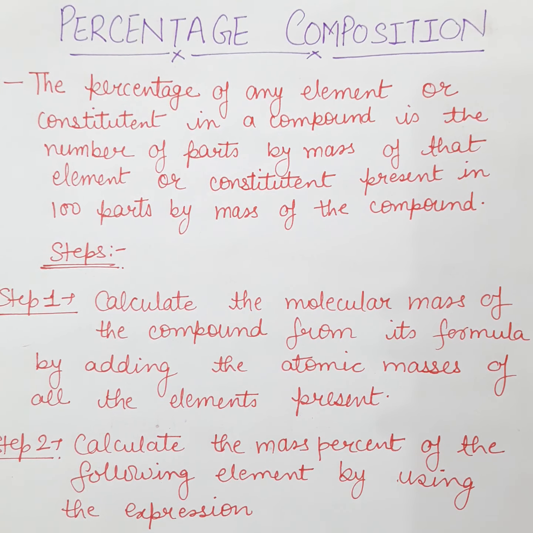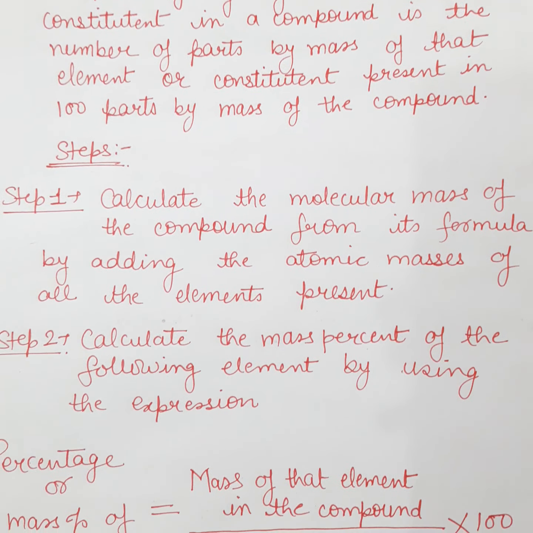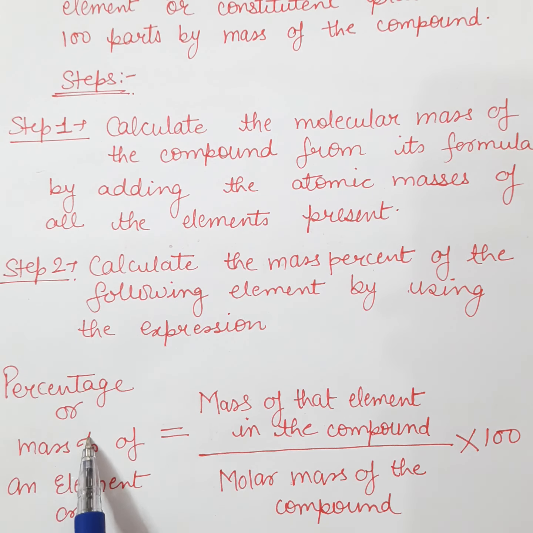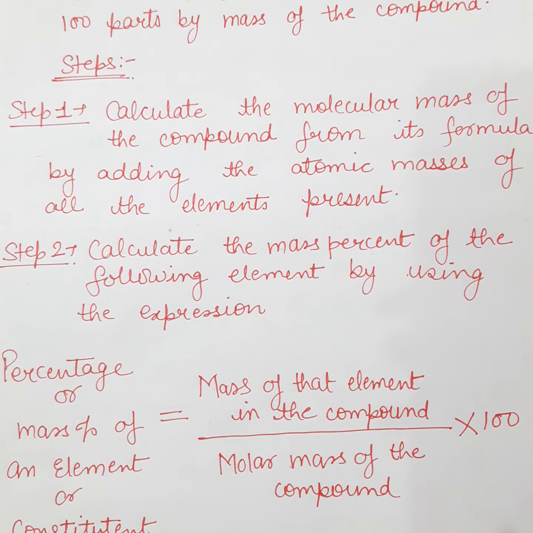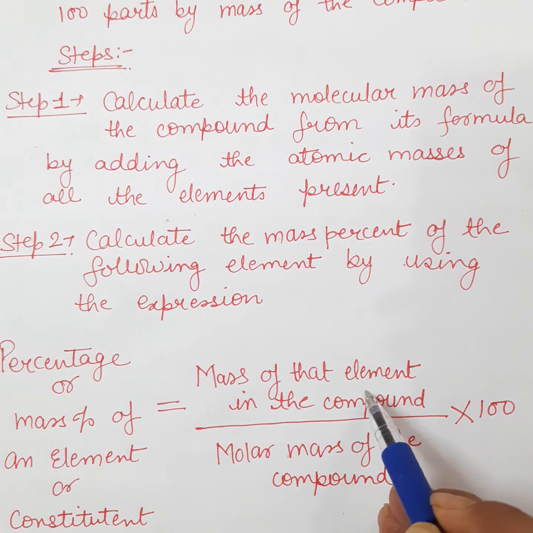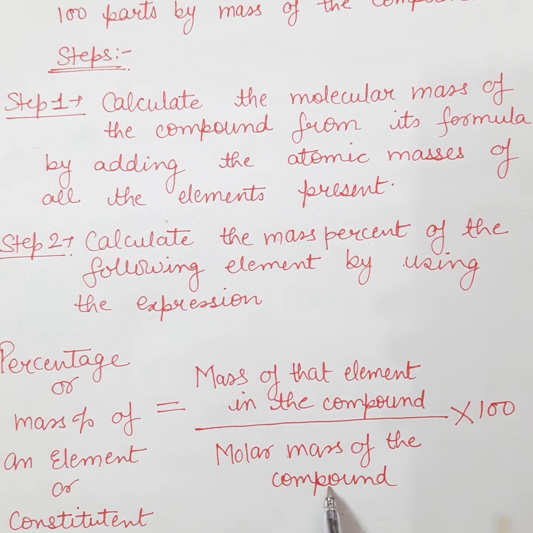Okay, now step number 2: calculate the mass percent of the following element by using the expression. The expression is this, students. You can see in the video that the percentage or mass percent of an element or constituent is equal to the mass of that element in the compound divided by the molar mass of the compound.